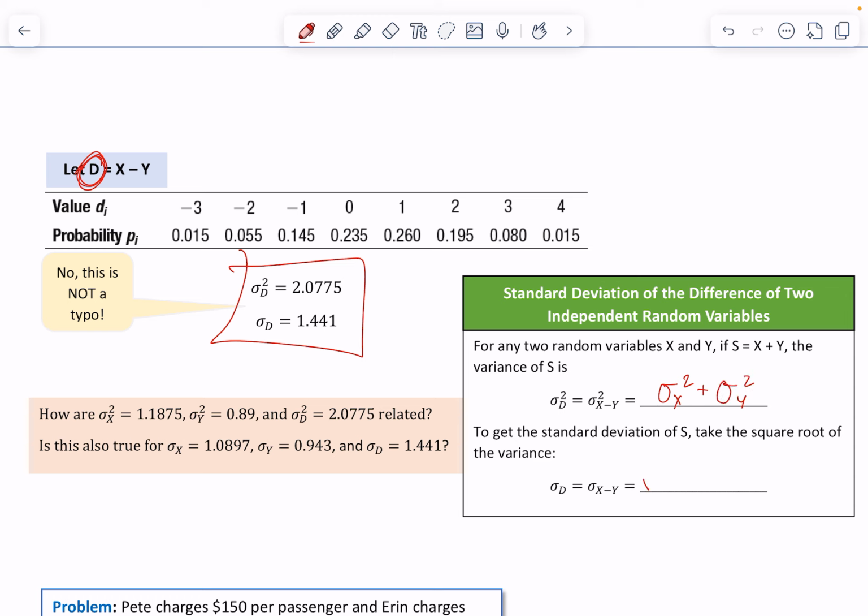You can add the variances, or square the standard deviations, add them, and then take the square root. It is still addition. That's the key here: no matter whether you add or subtract the two variables, you're still going to add for the new standard deviation.